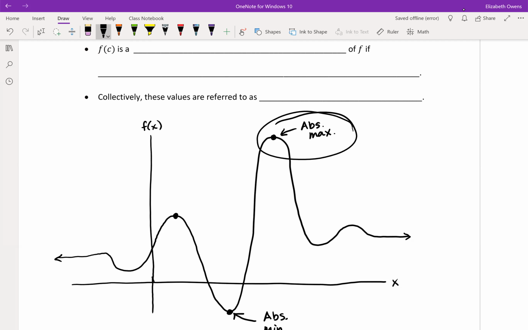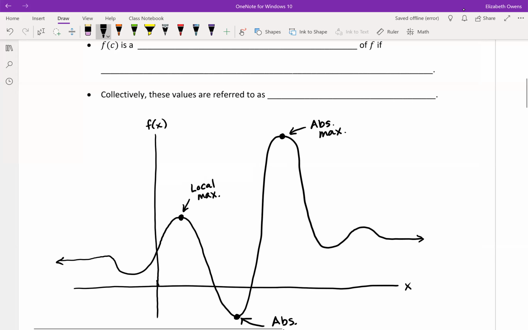It's not our absolute maximum, but it is kind of a maximum in its own little sense, right? It's a high point on the graph. It's just not the absolute highest. So that is something that we're going to call a local maximum. Okay, so this is a local max, and that's what our next set of definitions is going to be for.